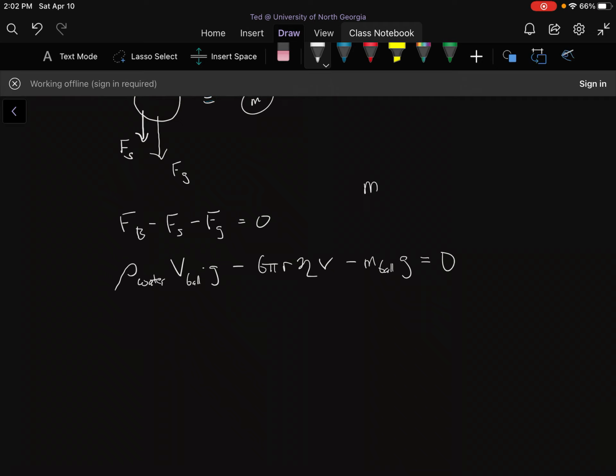So the mass of the ball is going to be equal to the density of the ball times the volume of the ball. So we can plug that in.